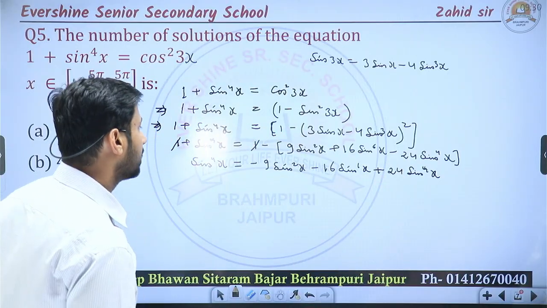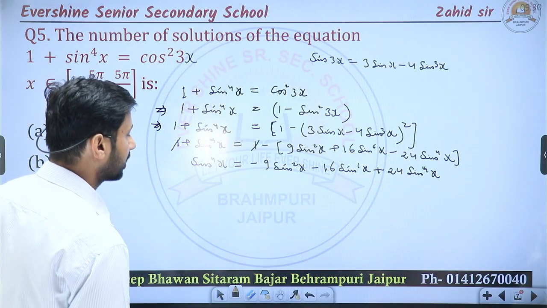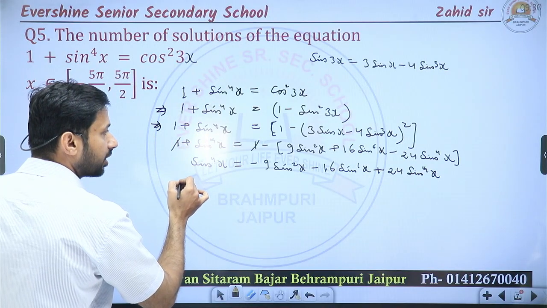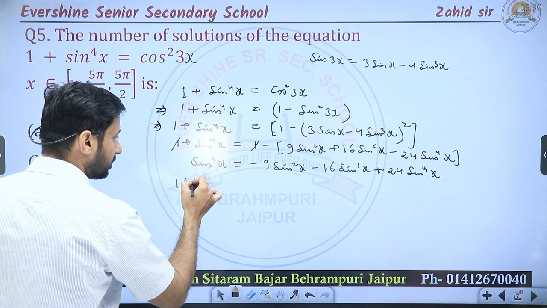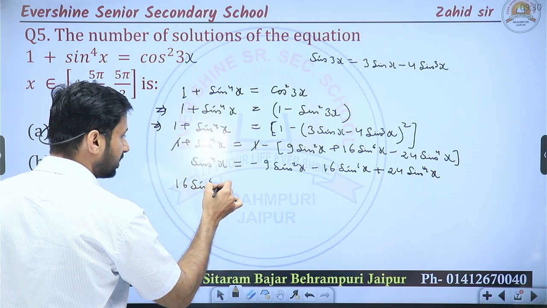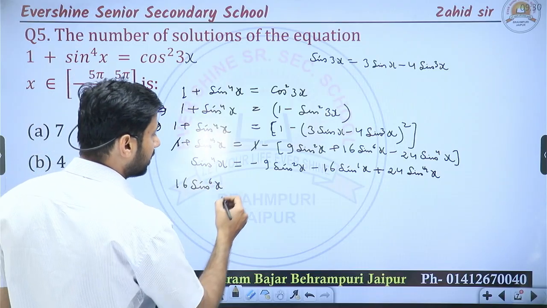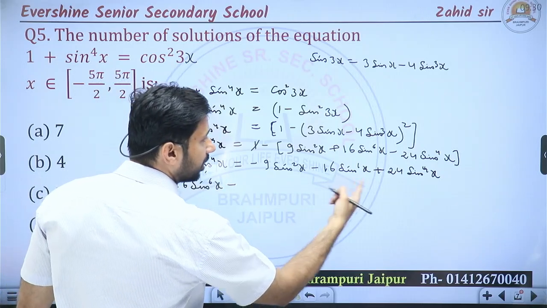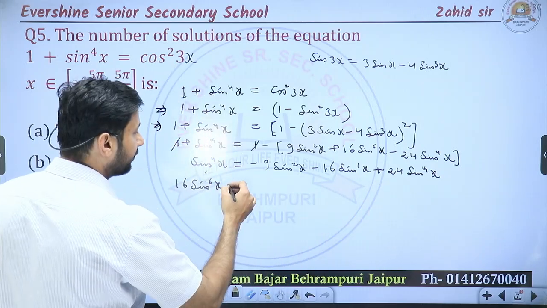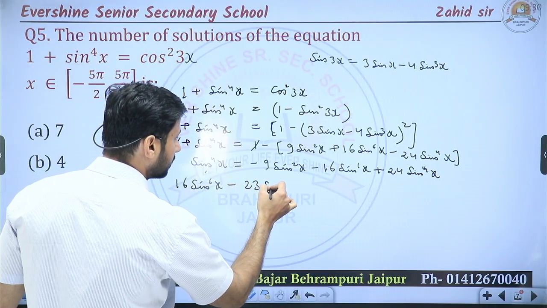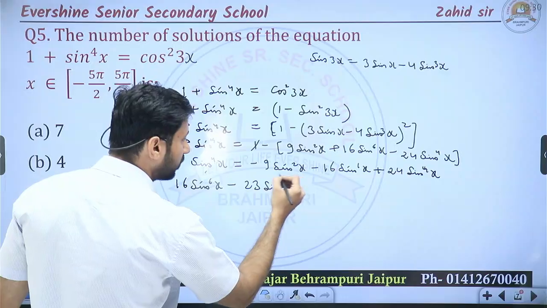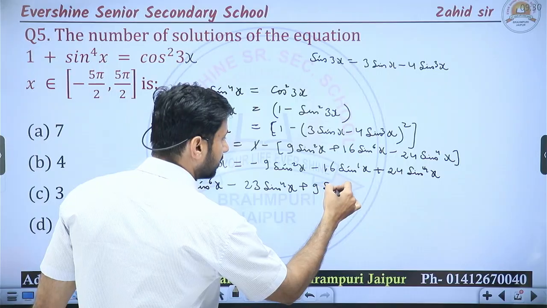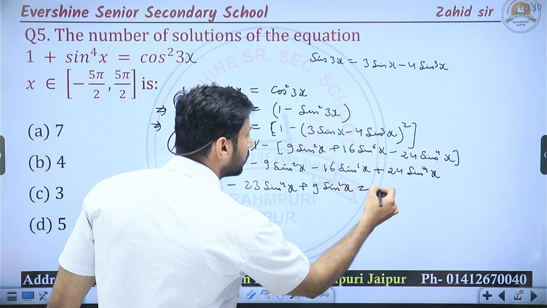Okay, now transpose the terms. I'm just putting all the terms into LHS. So it will be 16 sin raised to the power 6x, and then plus 1 and minus 24, that will be minus 23 sin raised to the power 4x, and lastly plus 9 sin square x equal to 0.